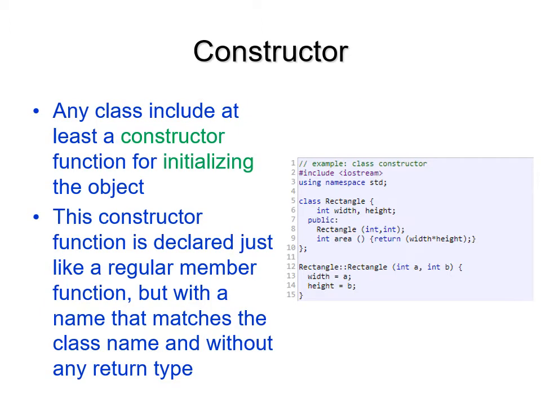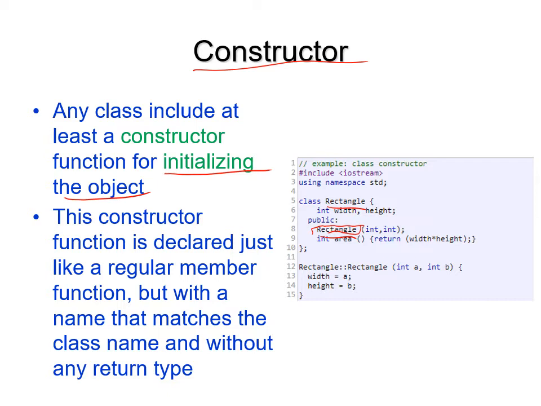Now, every class has a constructor, and the main purpose of the constructor is initializing the object. For example, it may give some initial value to the variables inside the class, and the name of the constructor is exactly the same as the class. So, for example, if you have a rectangle class and you are going to have a constructor, then you use the same name, and then you have the parameter list.